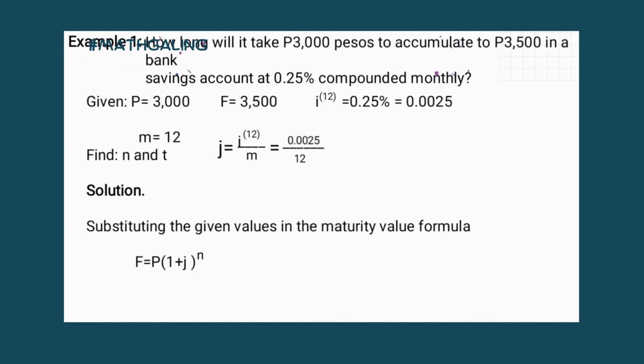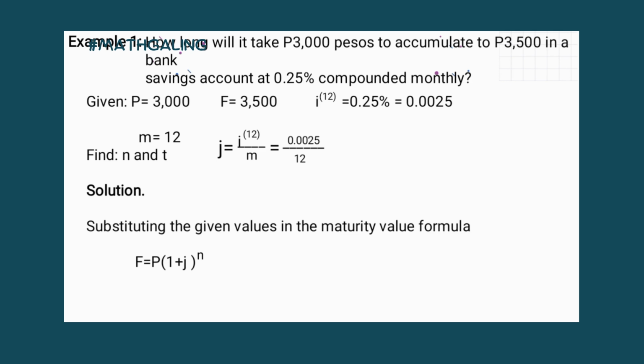So, first example. How long will it take 3,000 pesos to accumulate to 3,500 in a bank savings account at 0.25% compounded monthly?